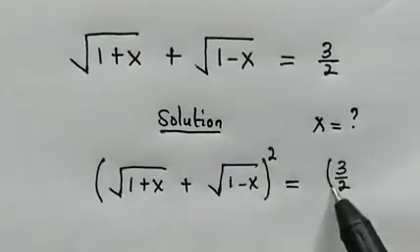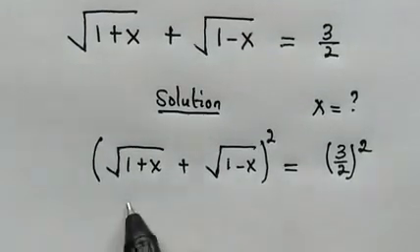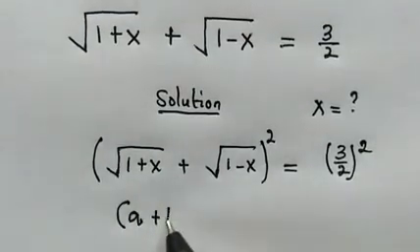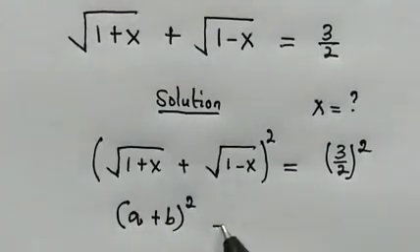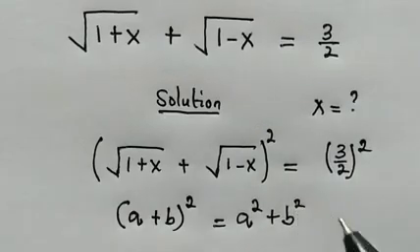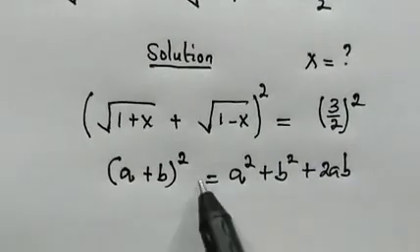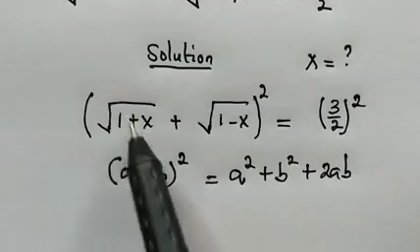So squaring both sides, from the left hand side, let us make use of this identity: a plus b squared is equal to a squared plus b squared plus 2 times a times b. So making use of this, we get the first one here squared.